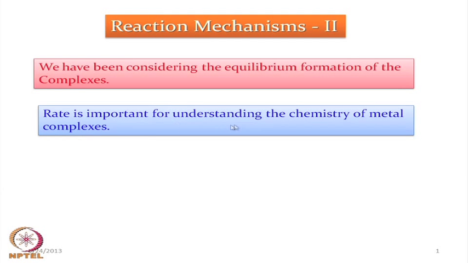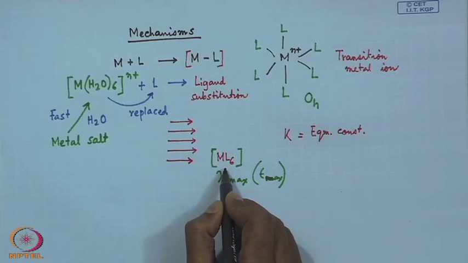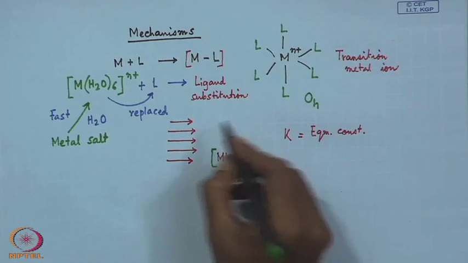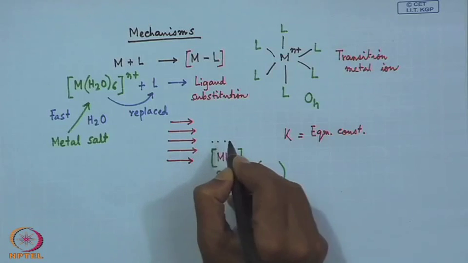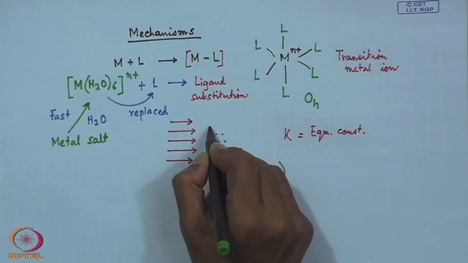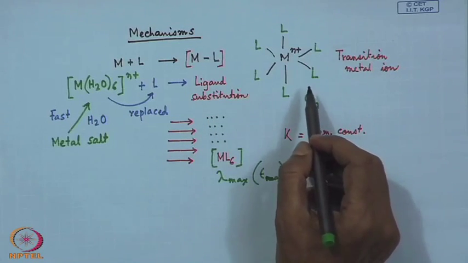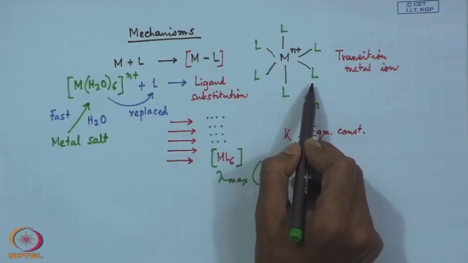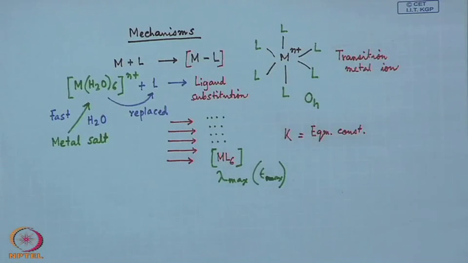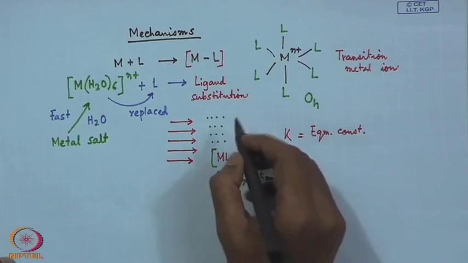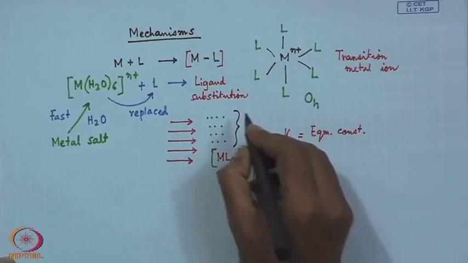In particular, if we want to understand the electronic structure and the involved intermediates at the same time, then if this ML6 is forming, the other steps we have utilized are the stepwise replacement of the water molecules by L. So, these species we can consider as some intermediates also.